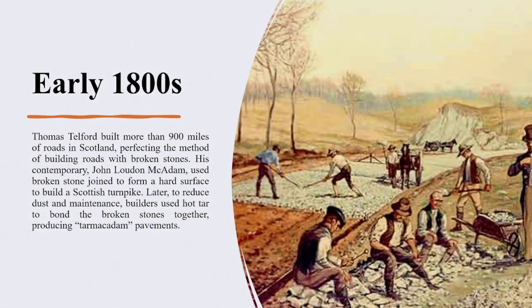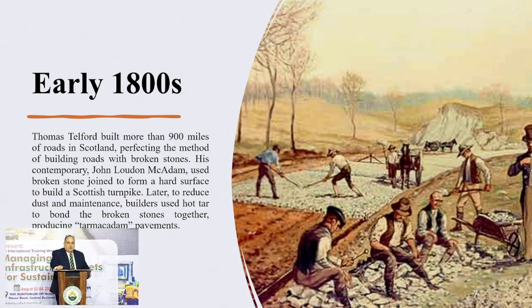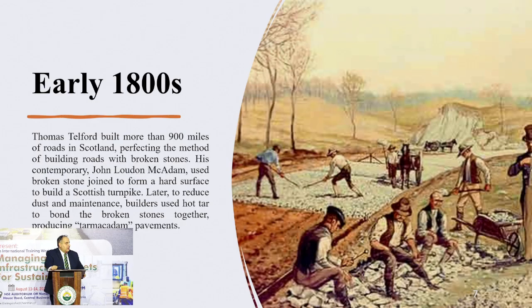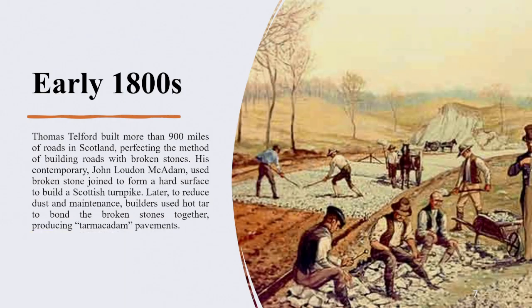In the early 1800s, the 19th century, 900 miles of roads, that was the first mention of asphalt in roadway construction. It came out of Scotland, and basically they used to paint or bind together smaller broken stones. Basically that is what paved the road into using asphalt in what we call the hot mix asphalts of today.